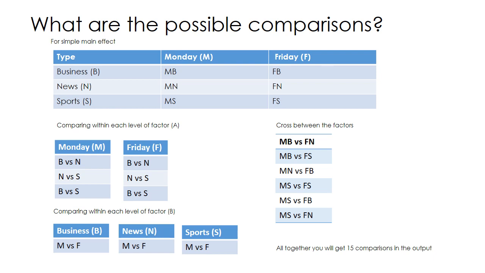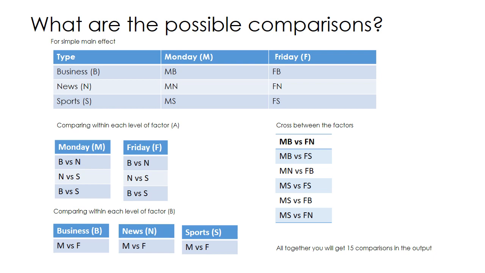So within Monday, I'm comparing between business and news, news and sports, business and sports. I have all my Monday inquiries, and within there I'm comparing the number of inquiries after the business program and the news program, business and sports, news and sports. So that is what the Monday means here.